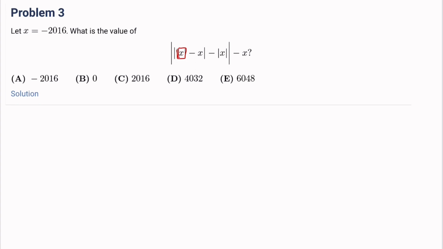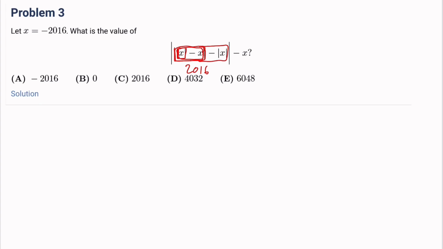So this much is 4032, and since we have the absolute value of that, that is also 4032, right? And this time we subtract the absolute value of x, which is the absolute value of negative 2016, which is 2016, right? And so this much is 4032 minus 2016, which is basically just 2016, right?